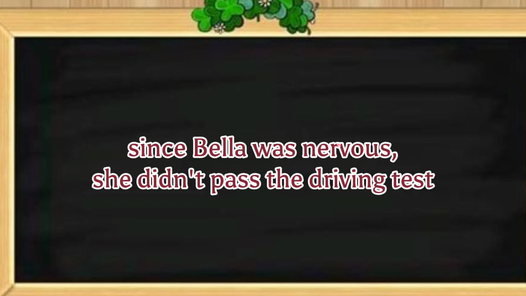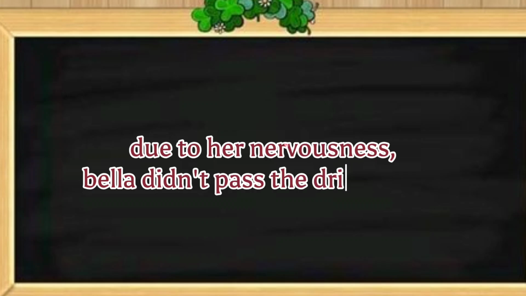Now, compare it with the following sentence. After "since" comes a sentence. Okay, Bella is the subject, then "was nervous" is the predicate. We can compare it with this sentence: Due to her nervousness, Bella didn't pass the driving test.